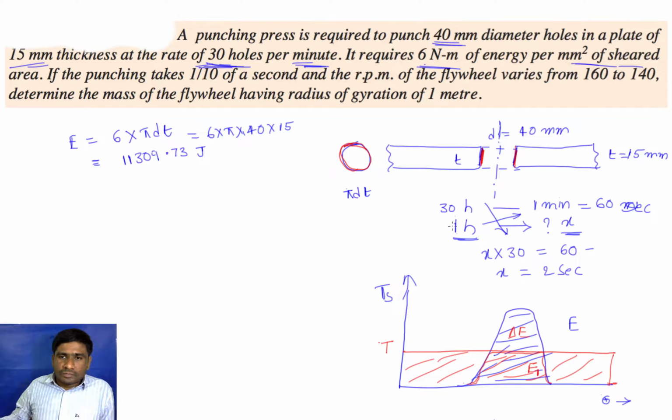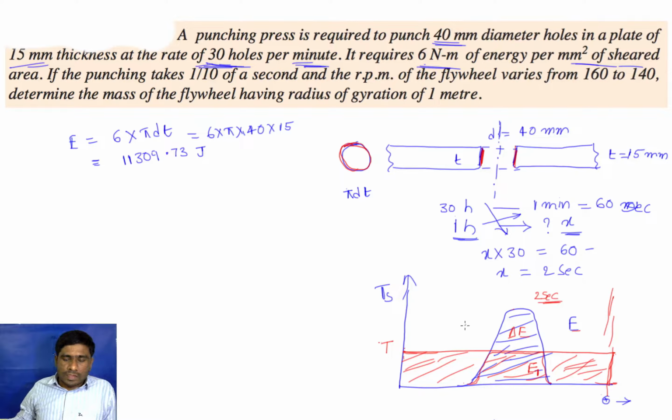And let's see what else has been given. He has given the whole punching operation, for example, if you take this diagram for one hole, this whole punching operation from here to here is completed in 2 seconds, right? And the area E under this blue curve is equivalent to the area from here to here, that means the red color area.